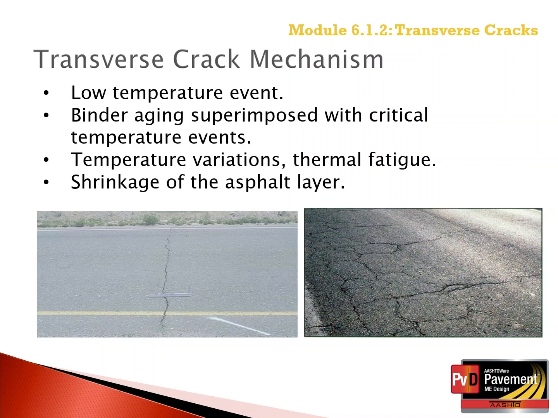Another mechanism for transverse cracks is the shrinkage of the asphalt mixture or wearing surface. However, shrinkage of the asphalt layers is not included as a mechanism or used to predict transverse cracks in the Pavement ME design software.